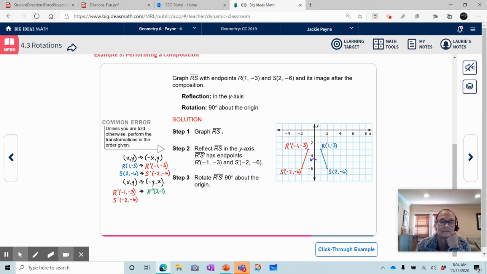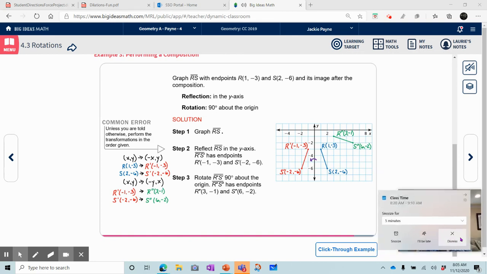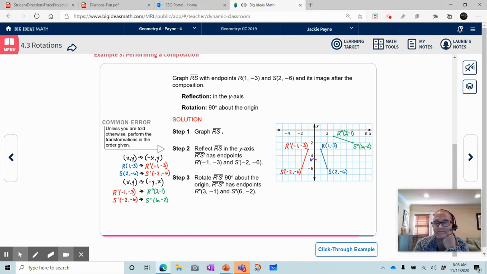And S'(-2, -6) maps to the point S''(6, -2). The segment R''S'' has endpoints R''(3, -1) and S''(6, -2). Segment R''S'' is the image of segment RS after the given composition.